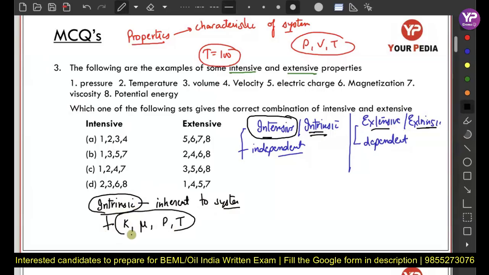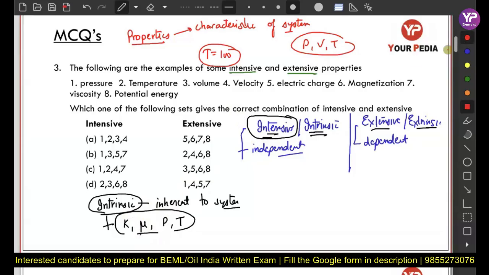All of these are properties which do not depend upon the mass here. If you change the mass of the system, the corresponding properties are not going to change. So these can also be considered as intensive properties.